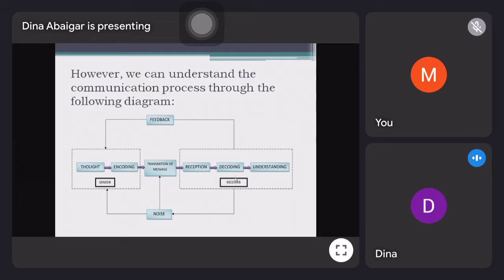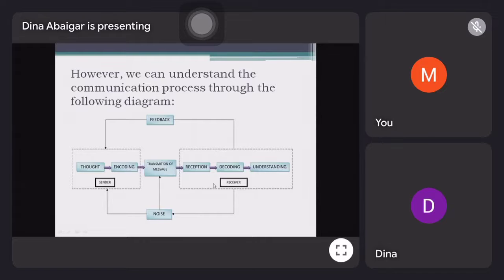After he or she decodes the message, there comes the understanding of his or her own knowledge about the thoughts given by the sender. So of course, the receiver will send some feedback back to the sender.